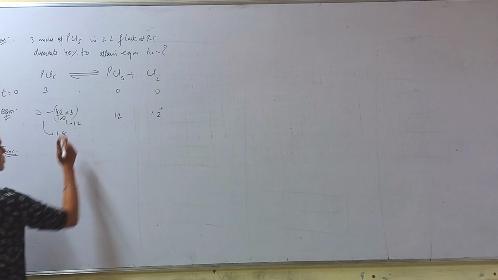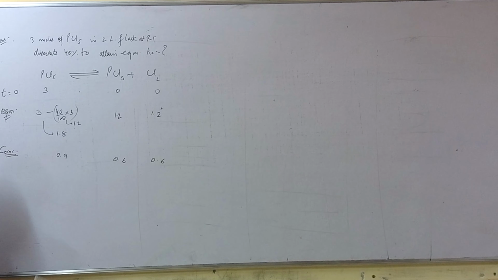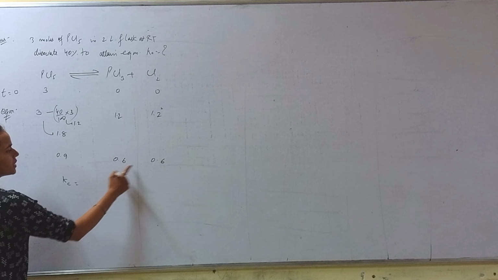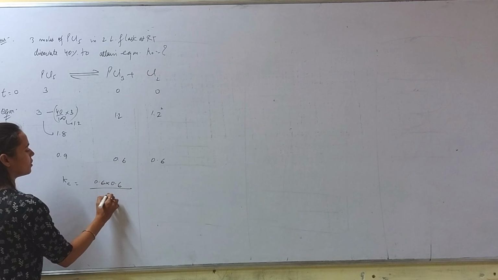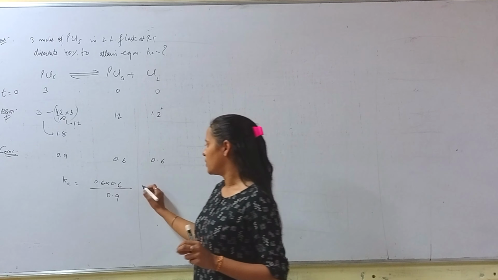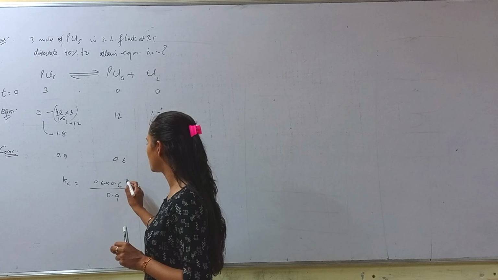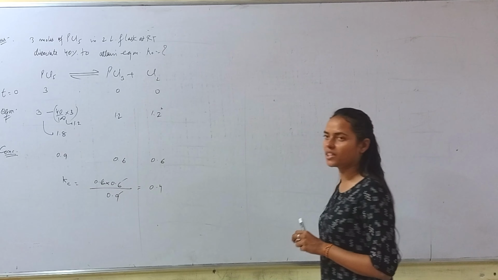Volume is 2 liters, so it will be 0.9, 0.6 and 0.6. Now it is easy to calculate Kc: product concentration upon reactant concentration. This will come out to be 0.4 over here.